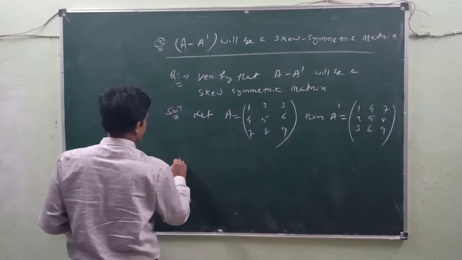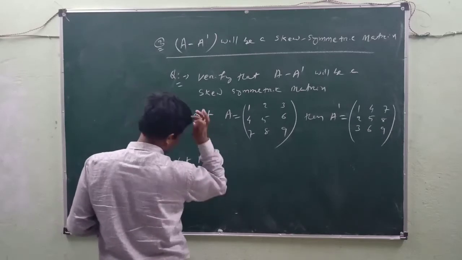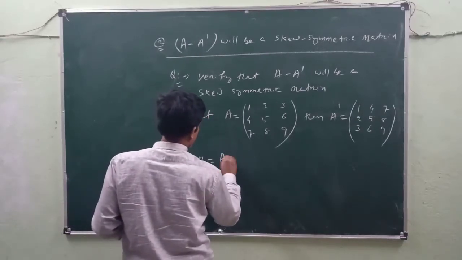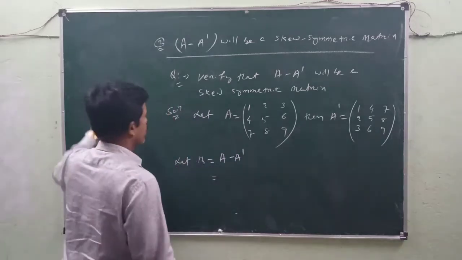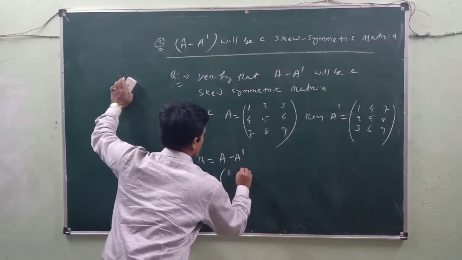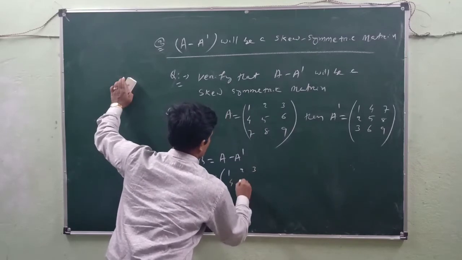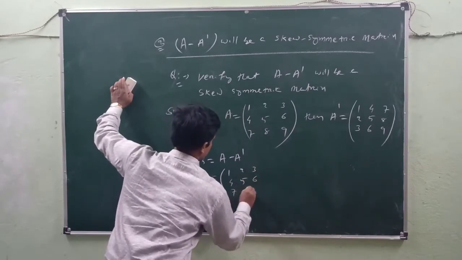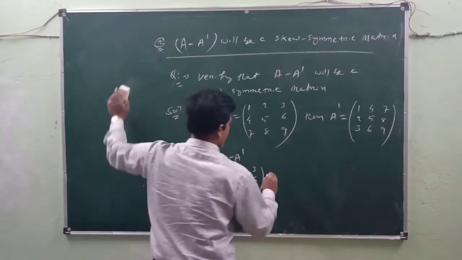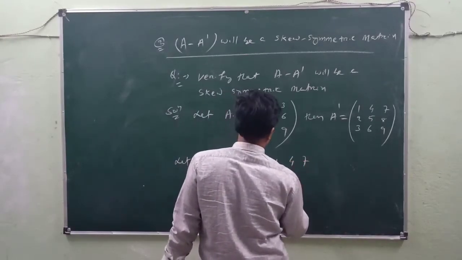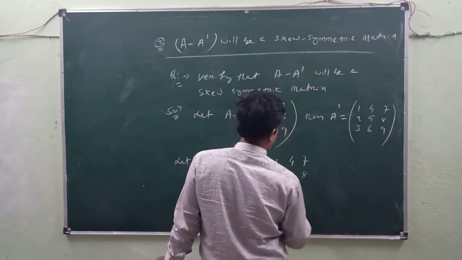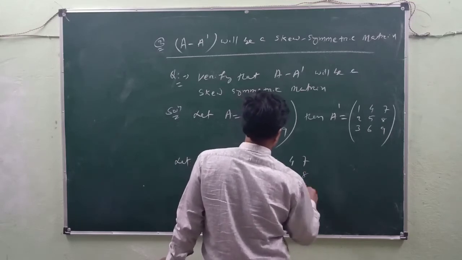Now let B equal to A minus A transpose. Then you find the value of B. Here it will be 1, 2, 3, 4, 5, 6, 7, 8, 9, then minus A transpose 1, 4, 7, 2, 5, 8, 3, 6, 9.